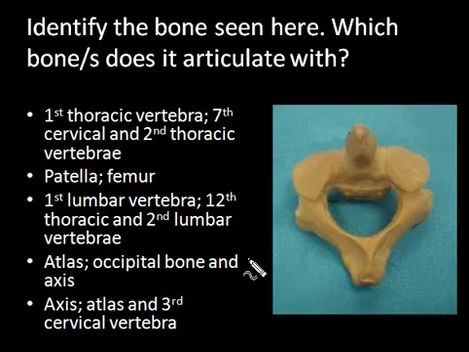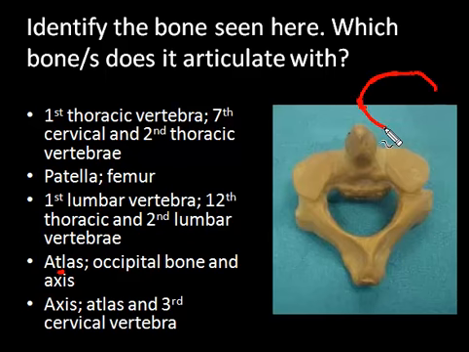So let's look at these two choices where you know that the first two cervical vertebrae are atypical. They're very different from the rest of the vertebrae, and you should be able to recognize them. So let's see if this is the atlas. Now the atlas is a ring-shaped cervical vertebra, so it does not have a body.